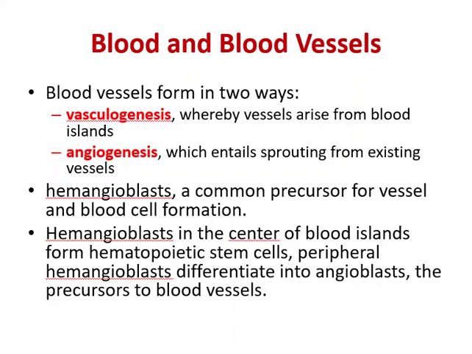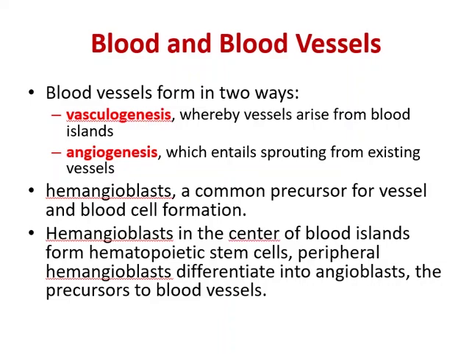Hemangioblasts are a common precursor of vessel and blood cell formation. The hemangioblasts in the center of the blood islands form hematopoietic stem cells. The peripheral part of the hemangioblasts differentiates into angioblasts, the precursors to blood vessels. So the source of blood and blood vessels is the hemangioblastic cells.